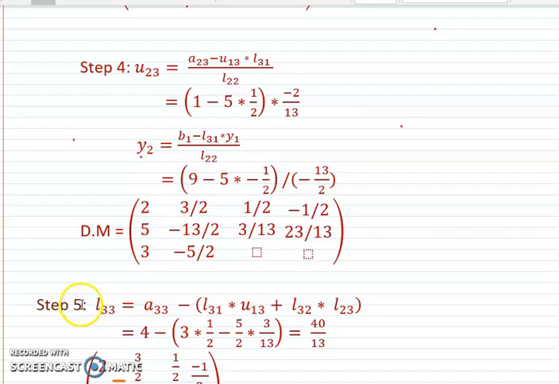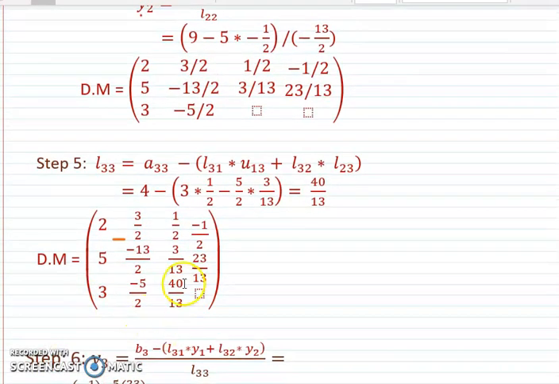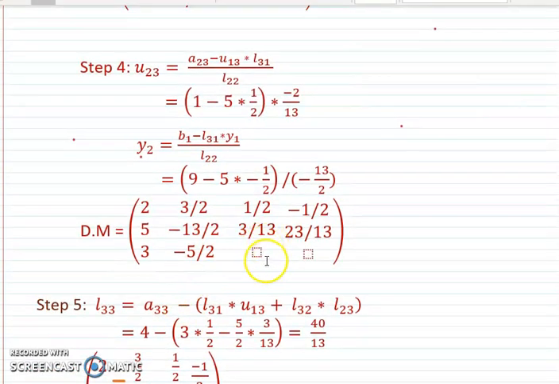The next step is step number 5. In this we calculate the remaining element of the third column. This is L33. This is calculated by first finding the sum of inner products. That is, first row element 3 and first column element 1 by 2 are multiplied, added with second row element minus 5 by 2 and second column element 3 by 13.